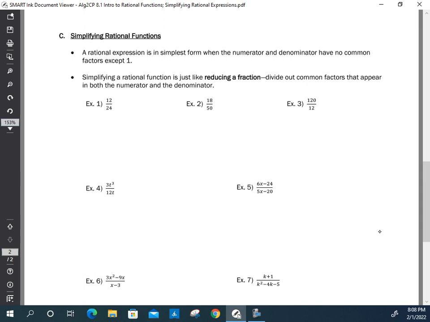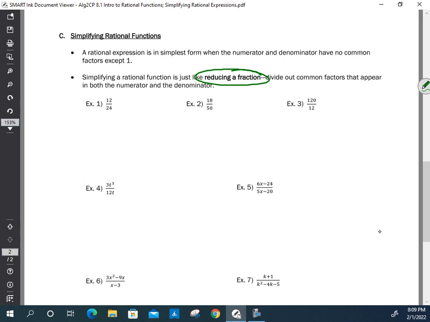Simplifying a rational function is essentially reducing a fraction. It's just like reducing a fraction. So that means you need to take the biggest thing you can out of the top and the bottom of the fraction.